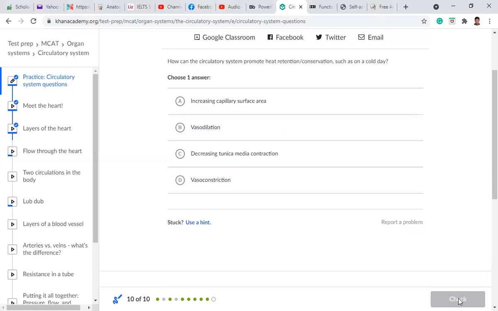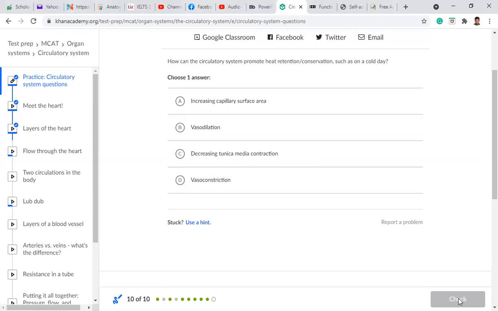How can the circulatory system promote heat retention or conservation, such as on a cold day? This I will teach you under the physiology of the circulatory system, where I will give you the functions of blood or the functions of the circulatory system. One of them will be temperature regulation. But how does that happen? That is the question now.